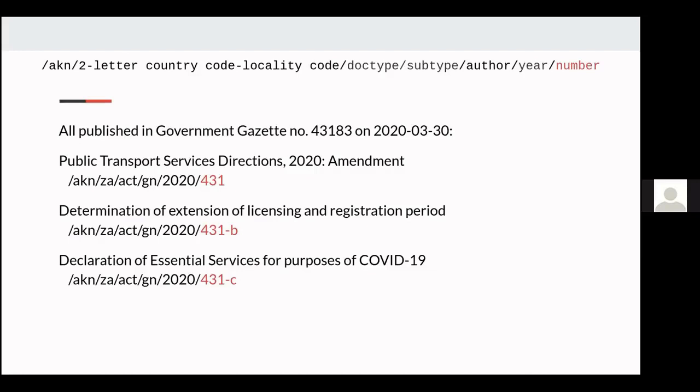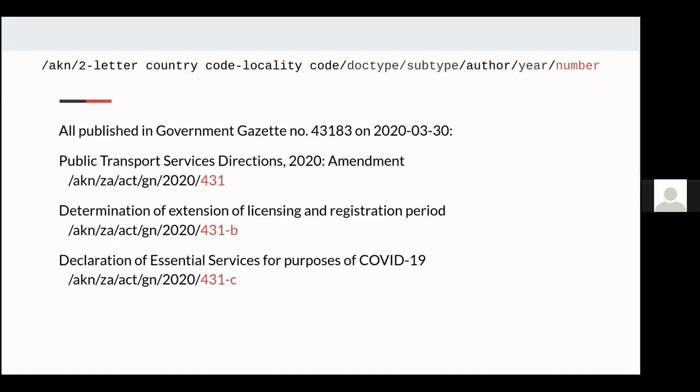And the government printers were working at a pace that they certainly weren't used to. So we had quite a few of these where several notices were published with the same number, or government departments that aren't used to drafting regulations were suddenly doing that.